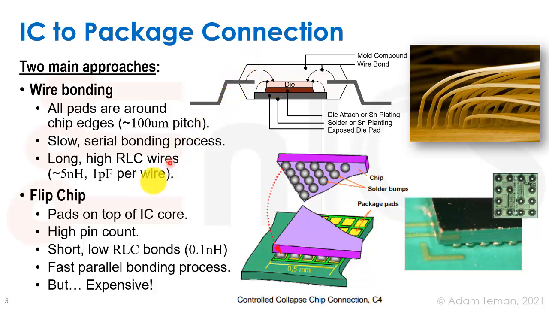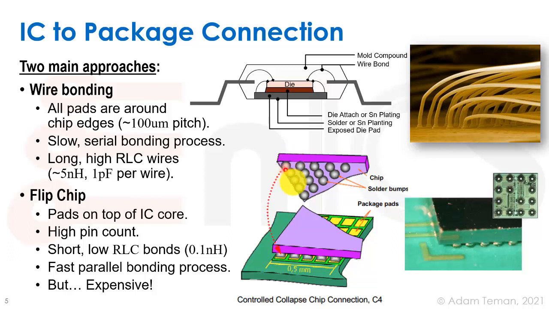On the other hand, we have the flip chip, and the flip chip is similar to the BGA package. So what we do is on the chip, we'll have openings similar to the pads that we have in the wire bonding, just a bit smaller, and we'll again put some solder on it. These are called bumps.